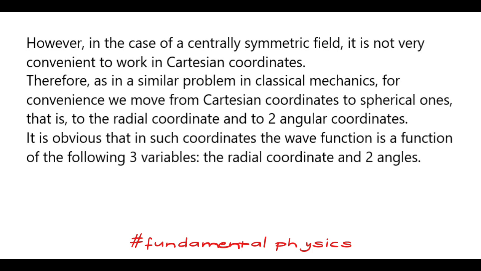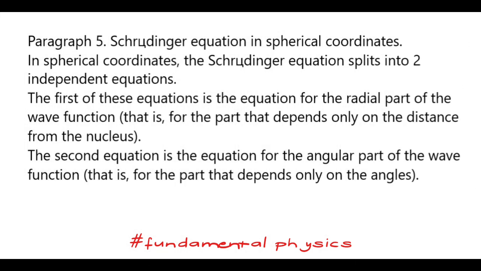Therefore, as in a similar problem in classical mechanics, for convenience we move from Cartesian coordinates to spherical ones, that is, to the radial coordinate and 2 angular coordinates. It is obvious that in such coordinates the wave function is a function of the following 3 variables, the radial coordinate and 2 angles.